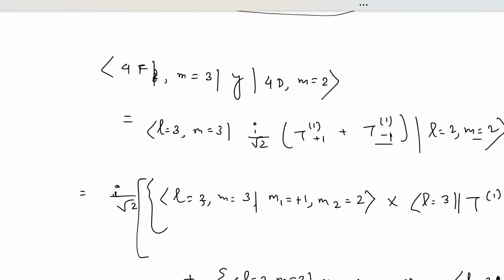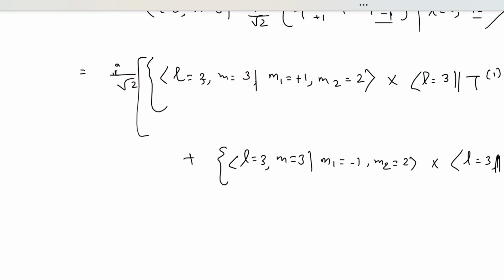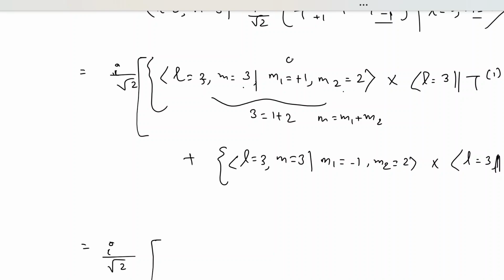This whole thing under bracket. So we are getting i by root over 2. So in this part you see that your m is equal to m1 plus m2 because 3 equals 1 plus 2. So m equal to m1 plus m2 is valid. So this will contribute. This is correct.